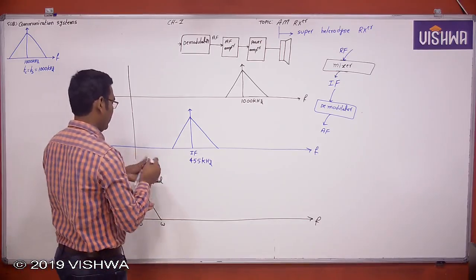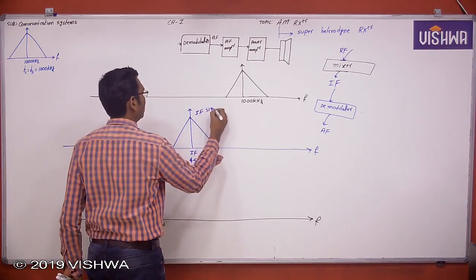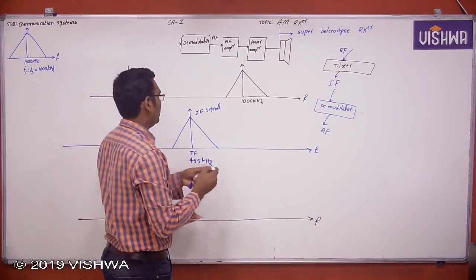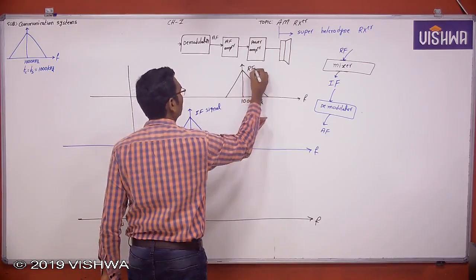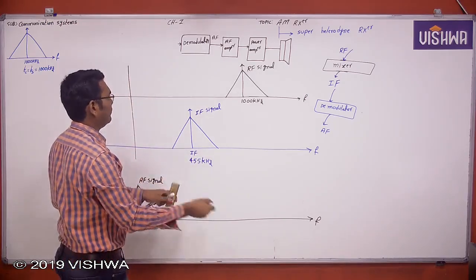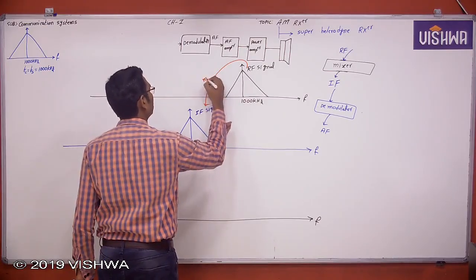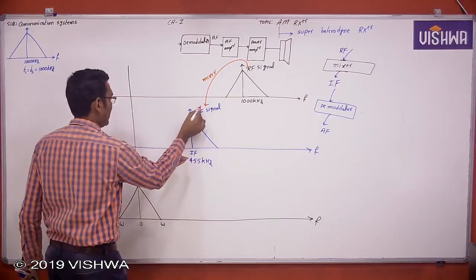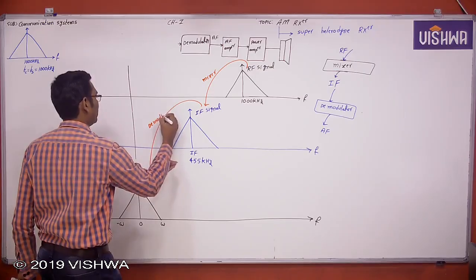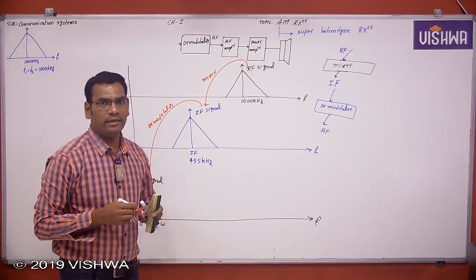This is the IF signal, intermediate frequency signal. And this is the RF signal. This RF to IF is with the help of the mixer. This IF to AF is with the help of the demodulator. So if you understand these things, then the superheterodyne receiver is very, very easy. Okay, note down.